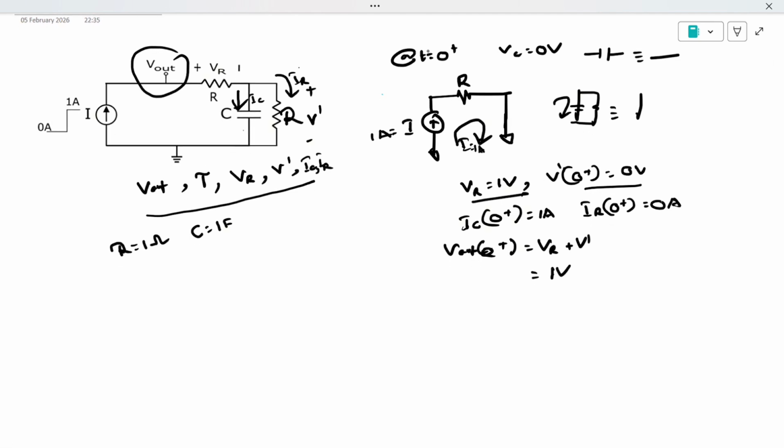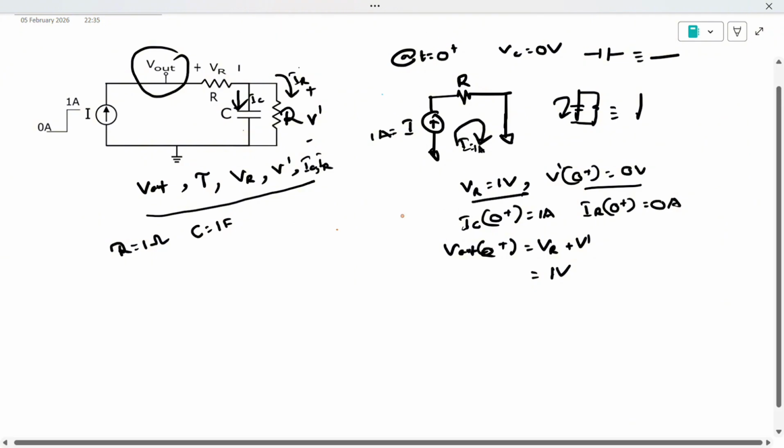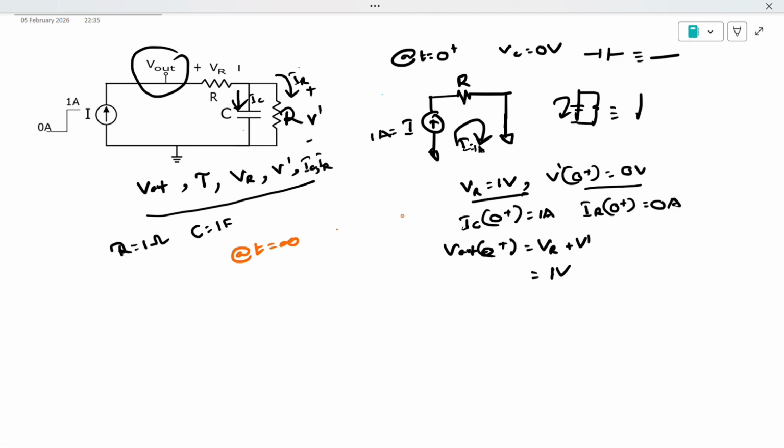Now let's see with some other color, maybe orange, at t is equal to infinity, how the circuit will look. First we will draw the circuit at t is equal to infinity. At t is equal to infinity, the capacitor will act as an open circuit. So let's redraw the circuit.